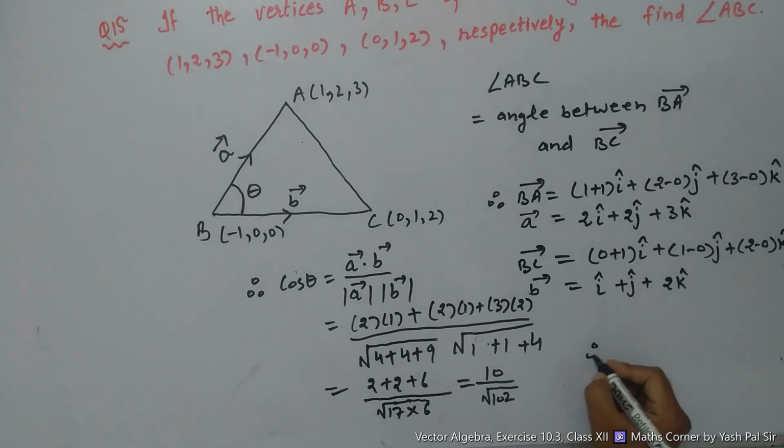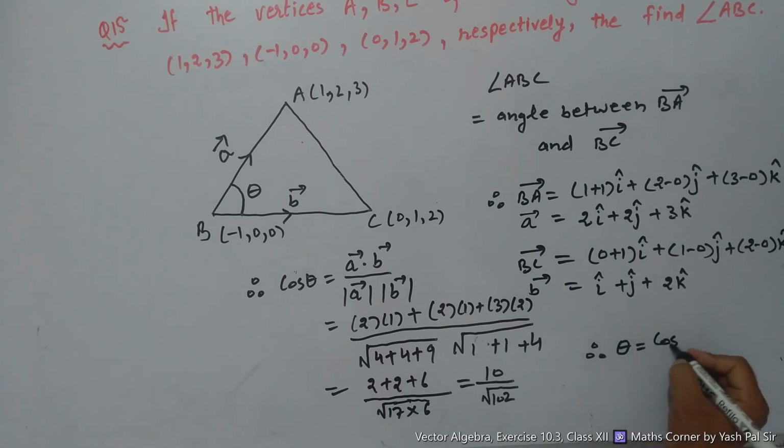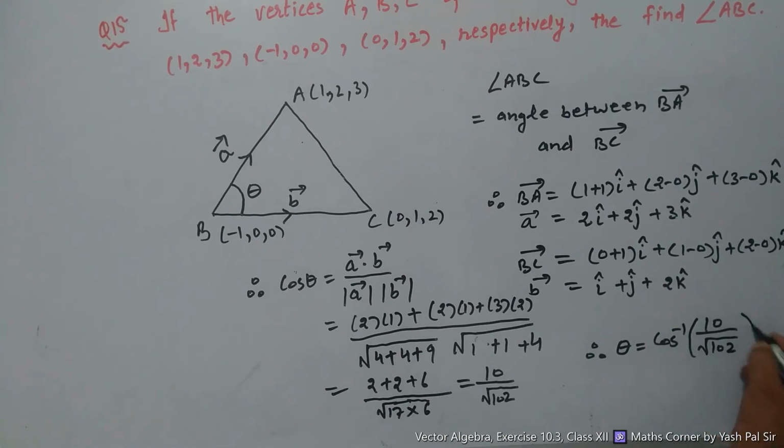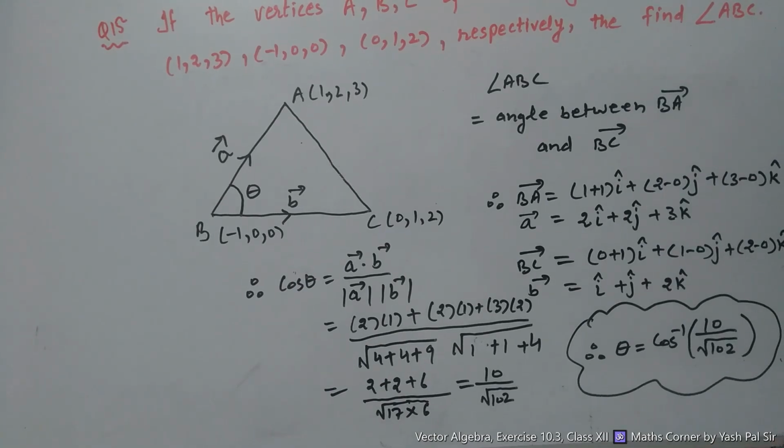So this way angle theta is equal to cos inverse of 10 upon square root 102. This is the required angle between the two vectors.